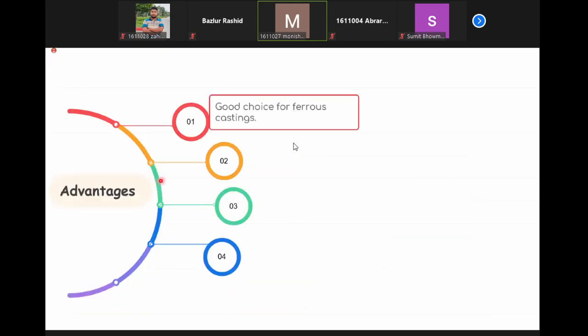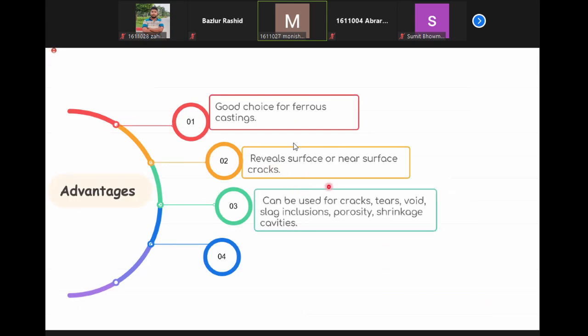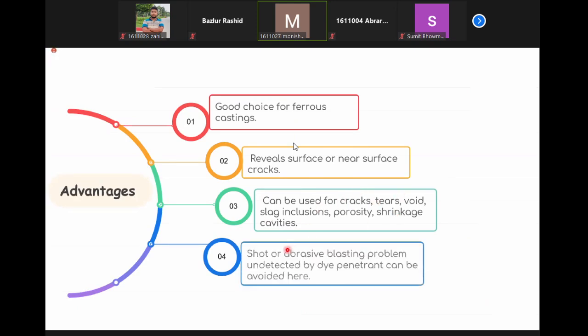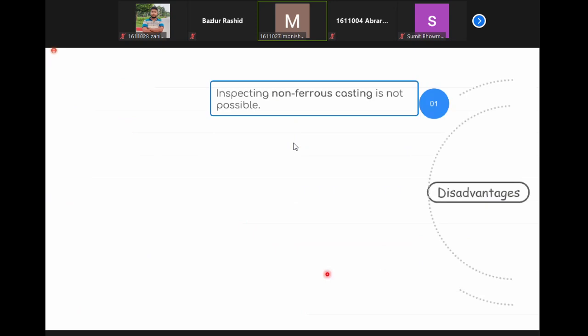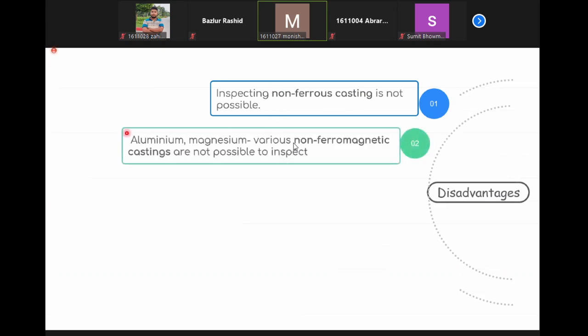The advantages are that it is good for ferrous casting, it can reveal surface and subsurface defects, and it can detect cracks, tears, voids, slag, inclusions, and porosity. Finally, the problem experienced in dye penetrant testing because of sandblasting can be overcome here. The bad things are that it cannot detect non-ferrous castings like aluminum and magnesium.